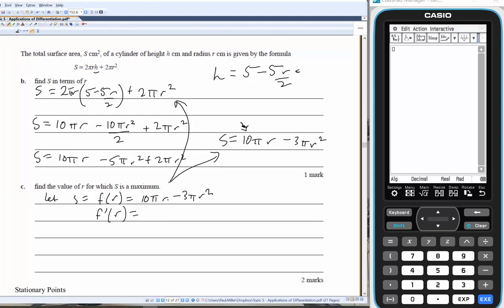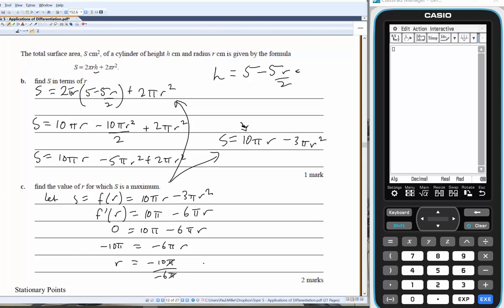this is going to be 10 pi take away 6 pi r, and the maximum is going to occur when this is equal to 0. 0 equals 10 pi take away 6 pi r, negative 10 pi equals negative 6 pi r. r is equal to negative 10 pi over negative 6 pi.